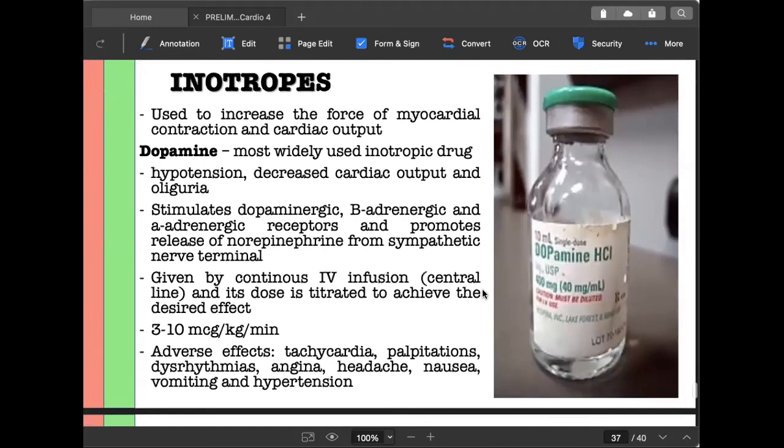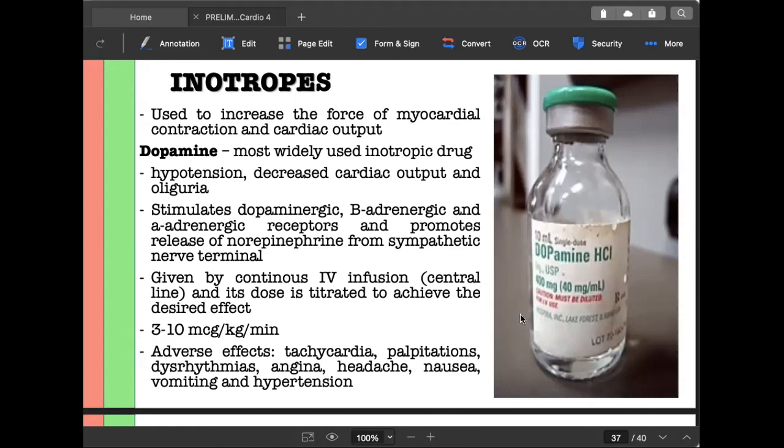Okay, now we also have your inotropes. These are medications for your myocardial contraction and cardiac output. Most likely you will be encountering a lot of these medicines in the intensive care unit and medical wards whenever you have your hospital duties. So we have your dopamine, the most widely used inotropic drug.